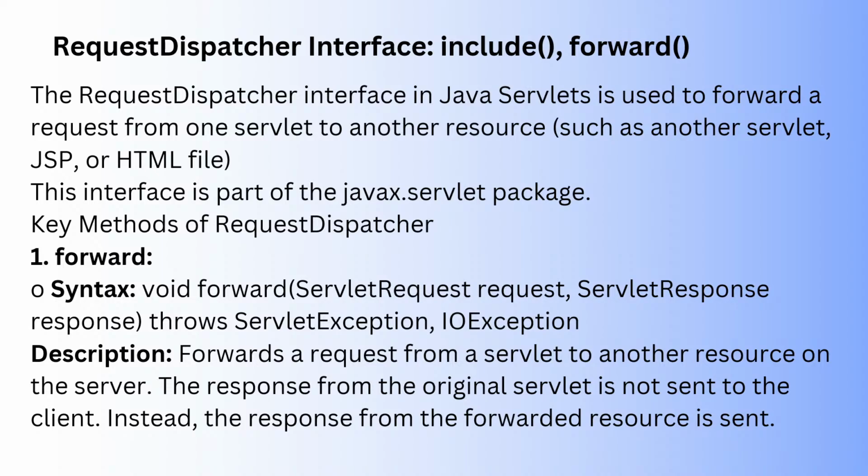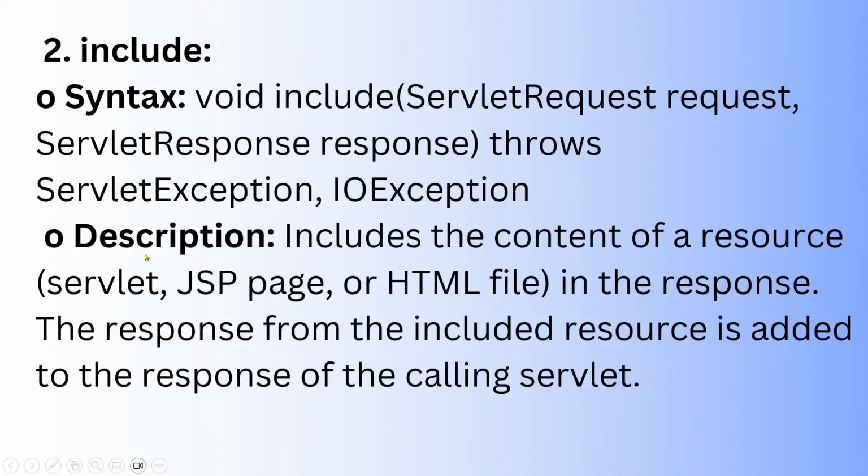If it is available, it will send a response to the server, yes, I am available. If that resource 1 is not available, then it will send a response, I'm not available. And whatever response is got from this resource will get forwarded towards the user. It is servlet 1. So it is nothing but the forward method.